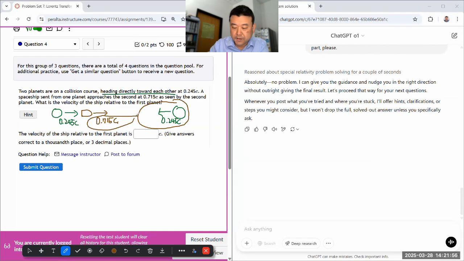I don't have a proper notation for this. What is the velocity of the ship relative to the first planet?